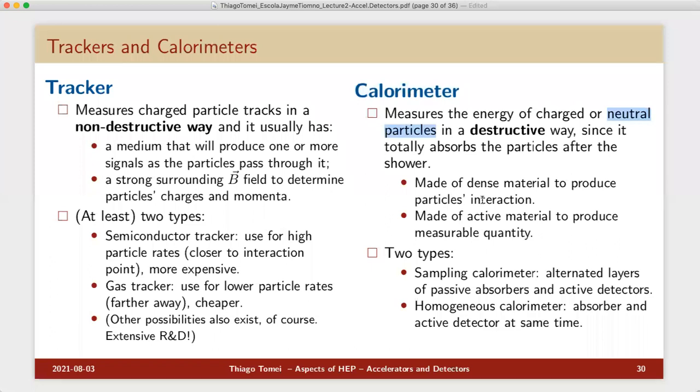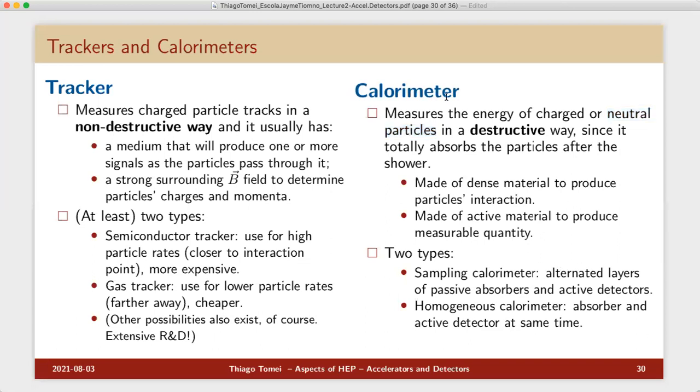Because remember, in the silicon detector and in the gas chamber, you need a charged particle to go through, ionize, or make an electron-hole pair and measure. But the calorimeter can measure the energy through the shower of neutral particles, either the photon or the neutral hadrons, like the neutrons and kaons.